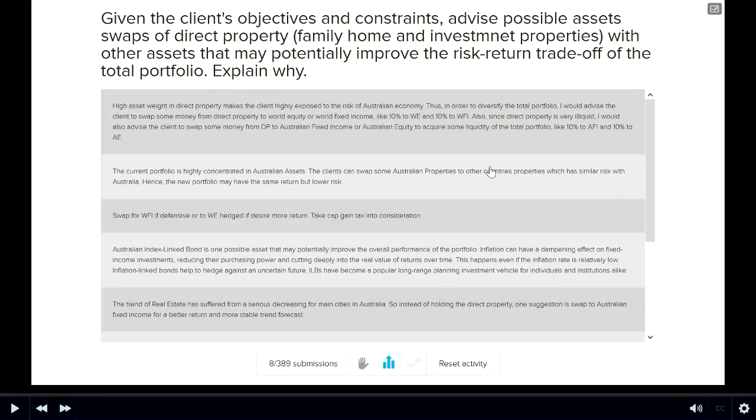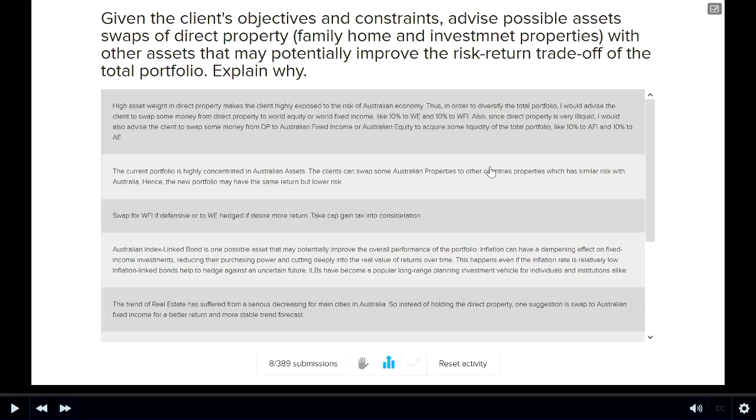So let's read the question again. Given the client in your assignment, objectives, constraints. Currently, the client has 65% exposure to direct property, 30% exposure to Australian equity, and about 10% Australian fixed income or cash. So that's the existing portfolio. I would like you to advise some asset swaps so that I might have a better risk-return trade-off of the total portfolio.